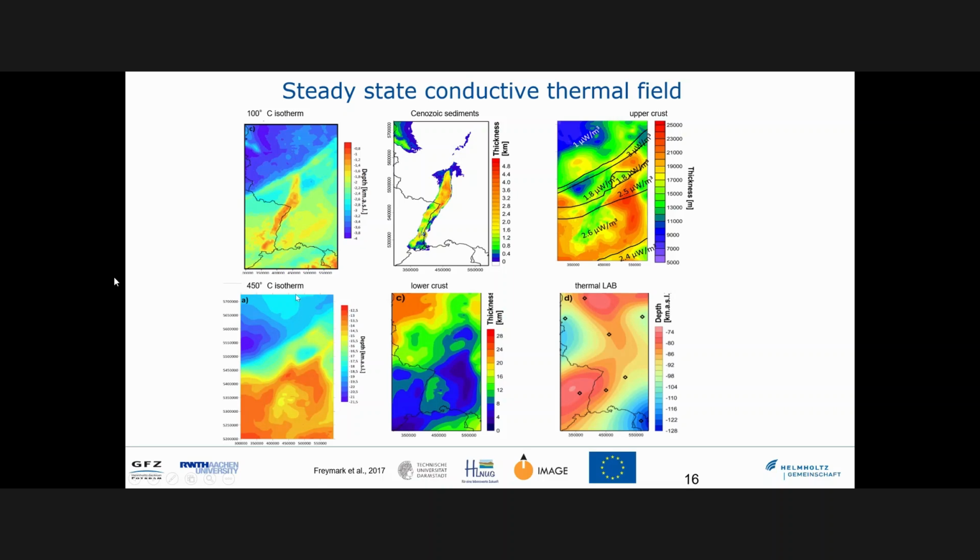Where the area is coldest, we have the thickest mafic lower crust, which is producing a lot less heat. And where it is hottest, the crust is almost entirely composed of radiogenic upper crust. The correlation with the thermal LAB is not straightforward and is not evident here.